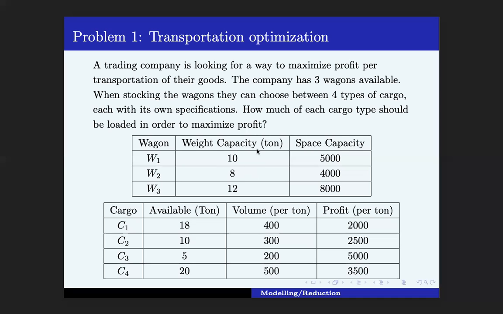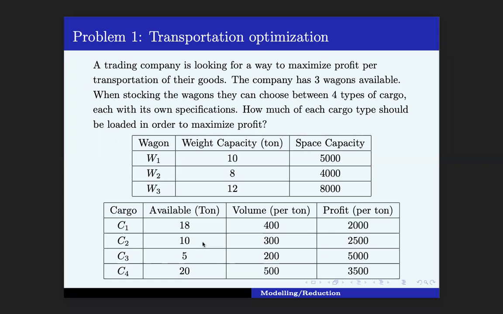But maybe that is not the most optimum thing to do. Maybe you can send something else. Maybe you can send C3, because its profit is more. Yeah, exactly. So C3 might be the right way to send. But C3 also has a problem that it has only a very few tons, right?